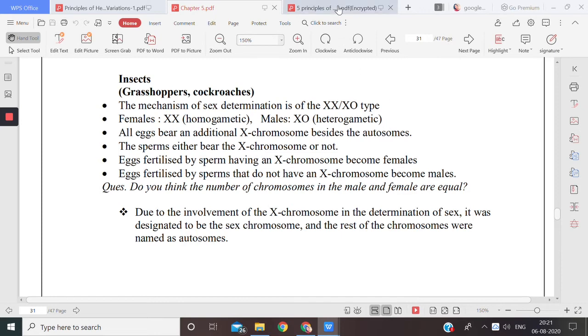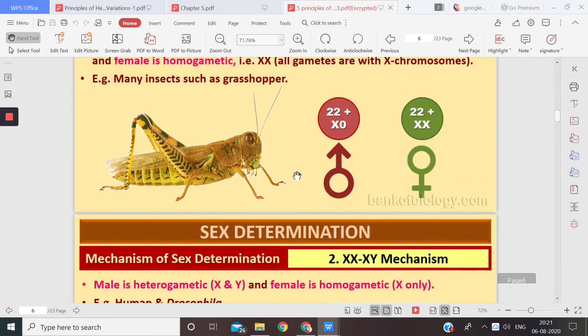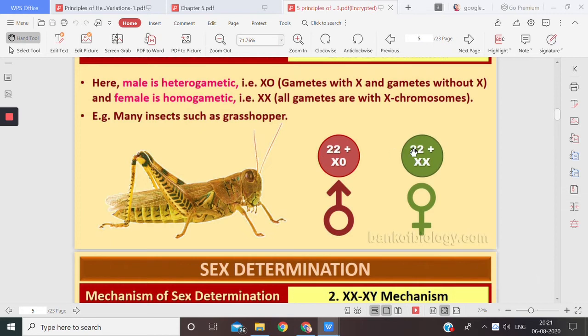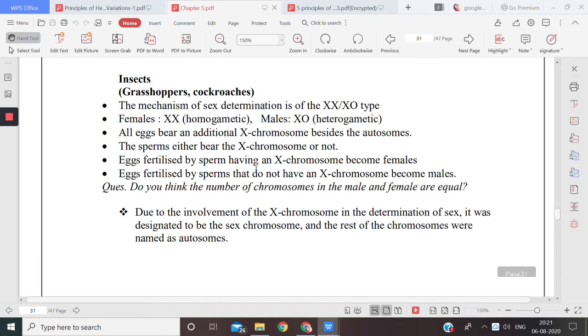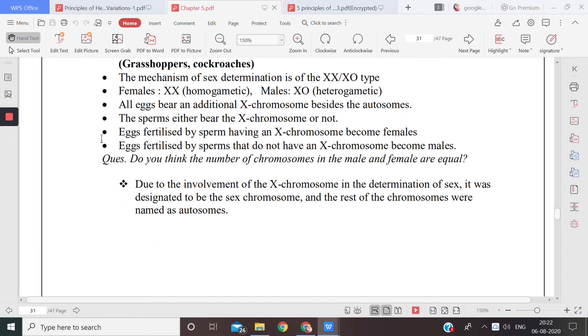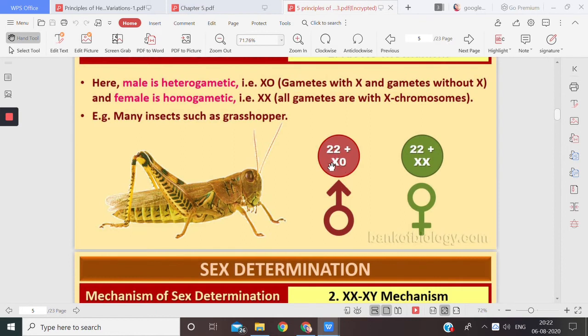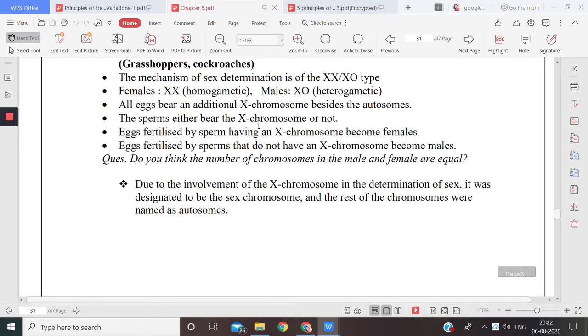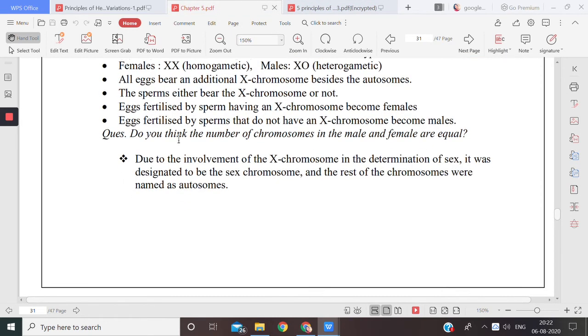As we have seen in the diagram, these are the autosomes, and besides the autosomes there is one additional X. The sperms either bear the X or they do not bear anything. So this is an example of male heterogamety.